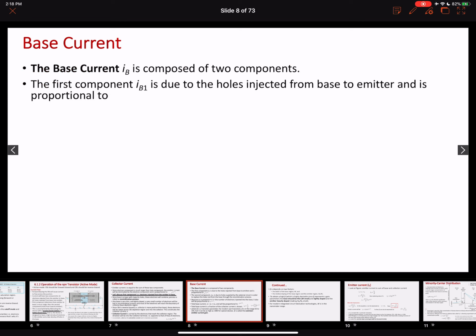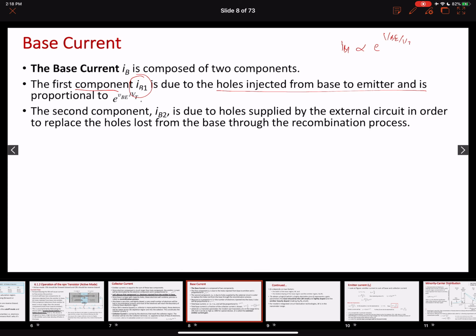So our IB1, the first component, is the holes injected from the base to the emitter. Again, that was proportional to the voltage that we apply at the junction, so IB1 is proportional to e raised to VBE over VT. Then we have the IB2 current, which is the holes supplied by the external circuit to replace the holes lost because of the recombination process.